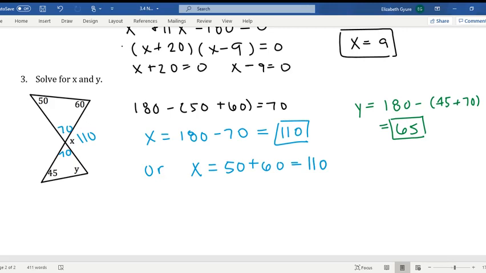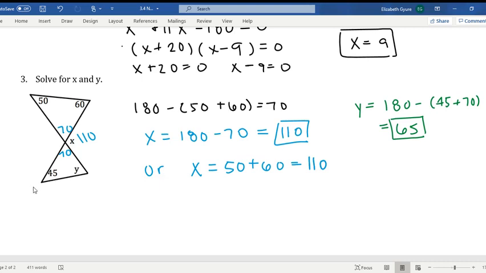With this one, we could actually reverse our triangle exterior angle theorem. We now know the exterior is 110, and we have one of our remote interiors. You can just work backwards to find y by subtracting. Because shouldn't x equal y plus 45? So 110 equals y plus 45.